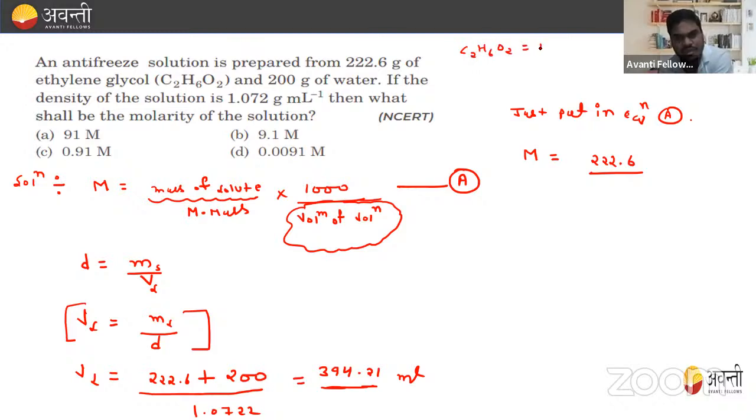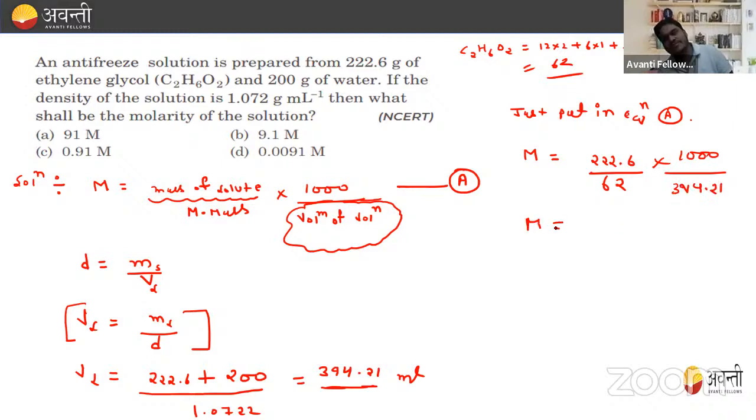C2H6O2. So this will be 12 into 2, 6 into 1 plus 32. So it comes out to be 24 and 6, 30, 32. That is 62. Just put this 62 here. This is 1000. And what is the volume? It is around 394.21.